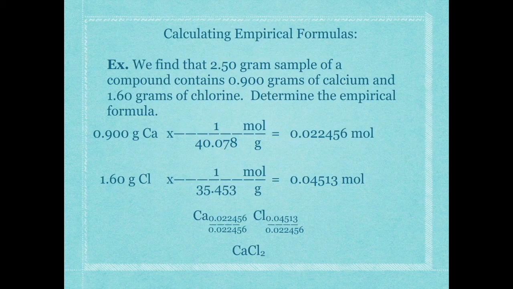So what you need to do in that case is take both of those subscripts, the implied 1 and the 1.5, and multiply them by 2. So you would get 2 for the subscript for calcium and 3 for the subscript for chlorine. But in this case, it actually worked out nicely. You got almost exactly 2, and so there is your empirical formula, CaCl2.